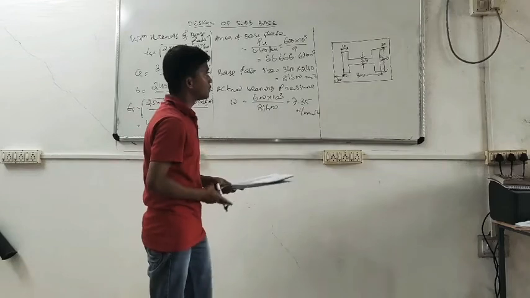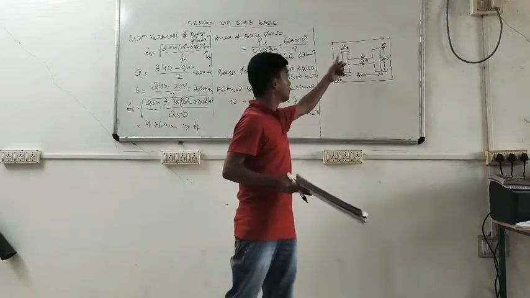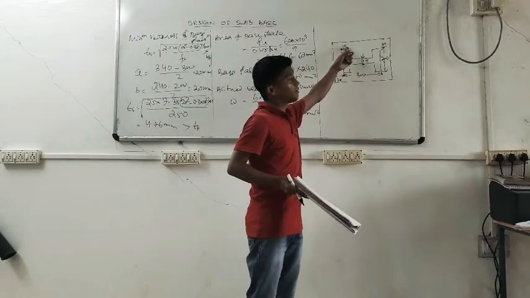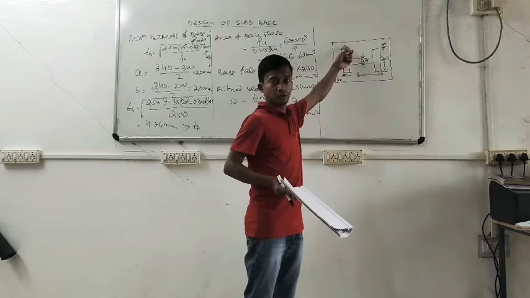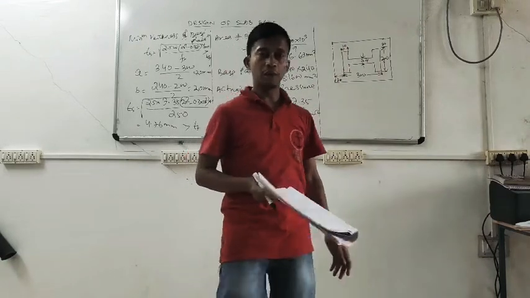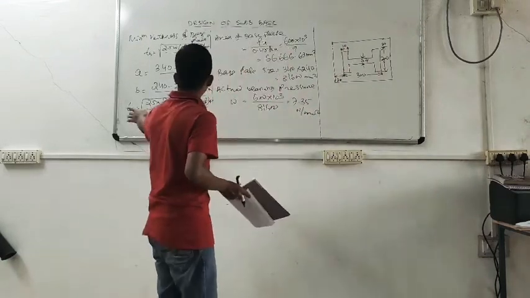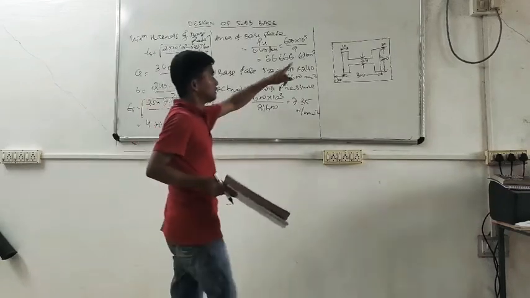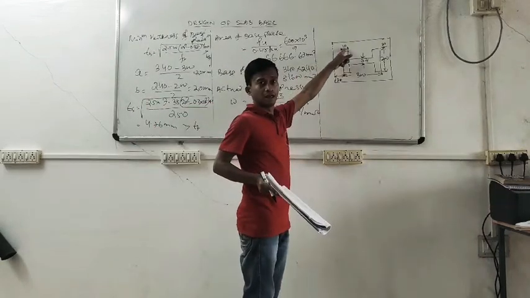So tf is how much? tf we have already found that tf is 10 mm. Okay, tf means thickness of flange. So the thickness of the base plate is always to be greater than 10 mm.